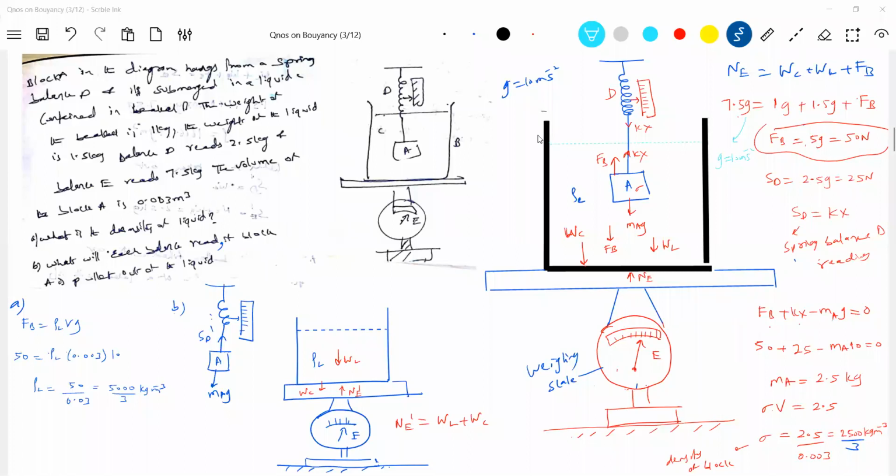This is on the block, no? Oh, you mean to say this calculation? This will come to 7.5 kg. Yes, sir. Not 2.5. It's 7.5, sir.